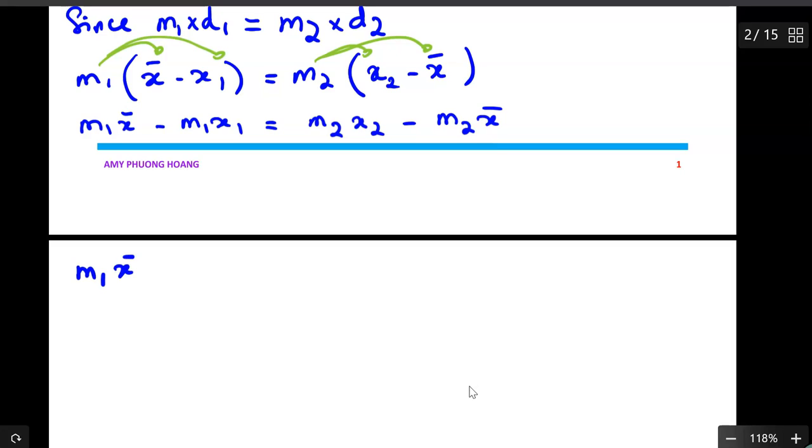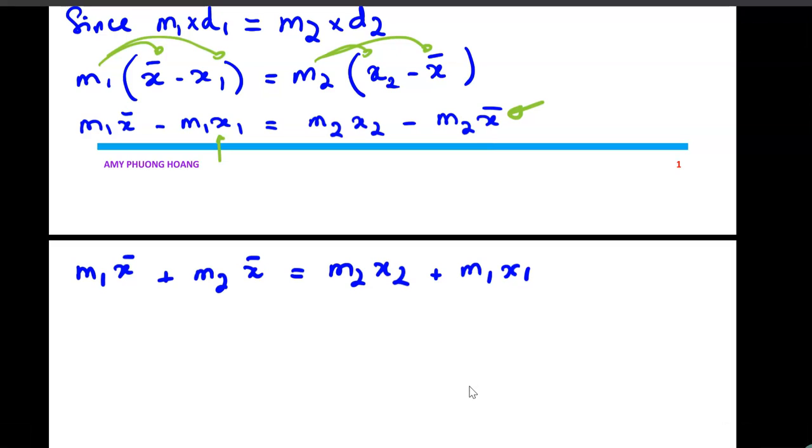This term right here, I bring over to the other side, so I will have plus m2 x bar. Now m2 x2, I bring this term over to the other side, so I should have plus m1 x1. The next step is to factor out the x bar.